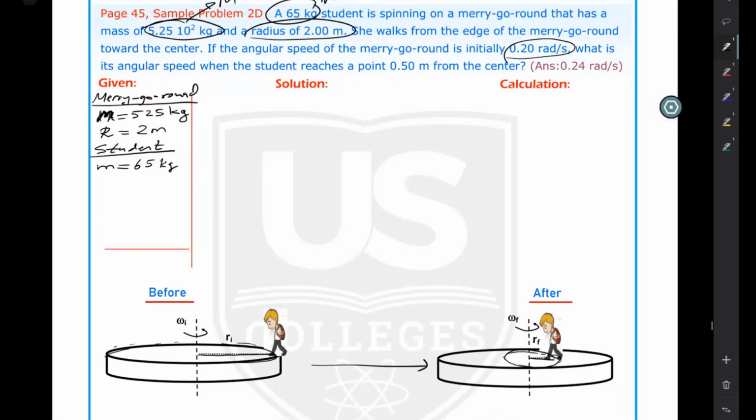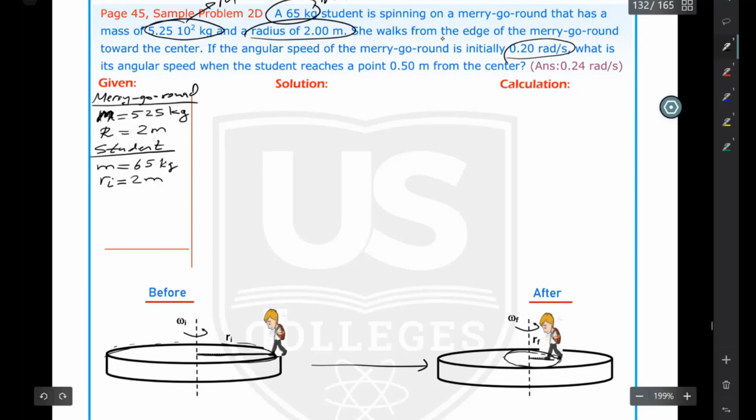So the student has two circles. One of them is initial, before the interaction, before he starts to walk. The second one is after he walks. That's why I will write two radii for the student. One of them is small r initial. Initially, this student is at a distance of 2 meters from the axis of rotation, at the edge, which is equal to the radius of the merry-go-round, 2 meters.